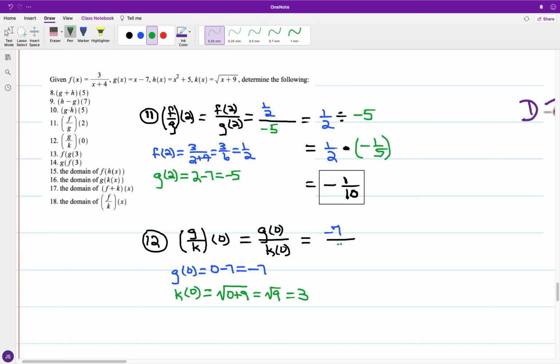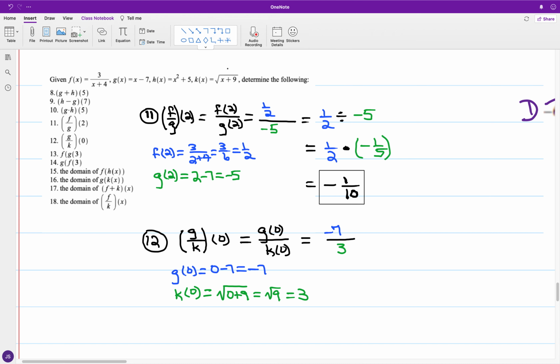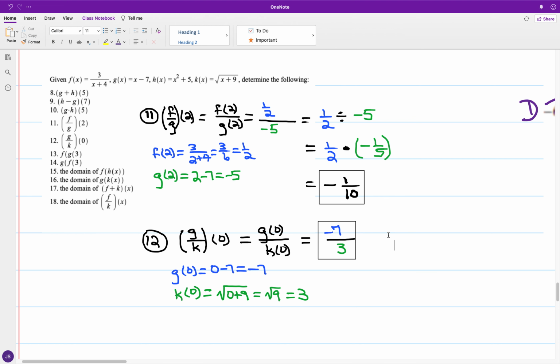And I got -7 over 3. And that ratio is already in simplest form. They could say -7/3, -7 over 3 as it is here, or 7 over -3. So any variation is the equivalent of -2 1/3.